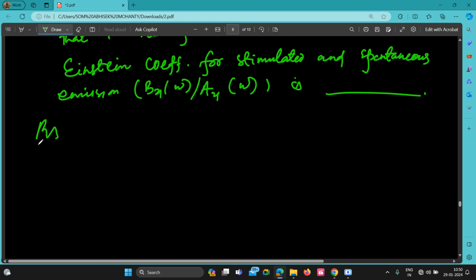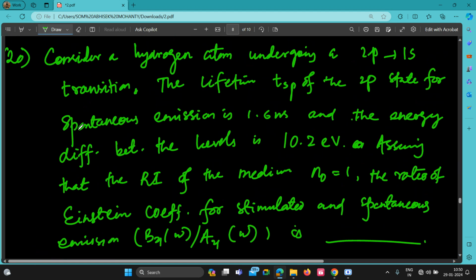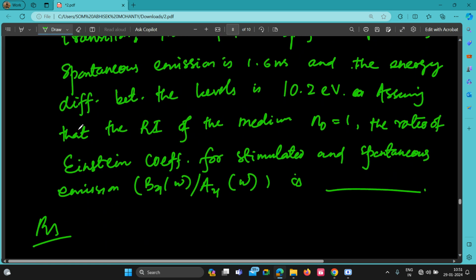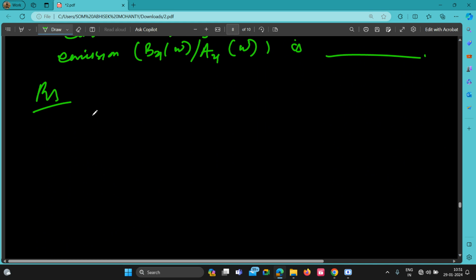See, read the question again. Consider a hydrogen atom undergoing a 2p to 1s transition. The lifetime TSP of the 2p state for spontaneous emission is 1.6 nanosecond. The energy difference between the levels is 10.2 electron volt, assuming that the RI of the medium is this much. Ratio of Einstein coefficients, B21 omega by A21 omega, has a formula.